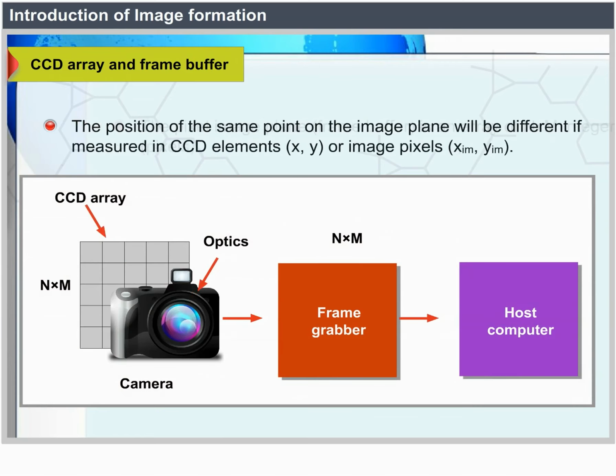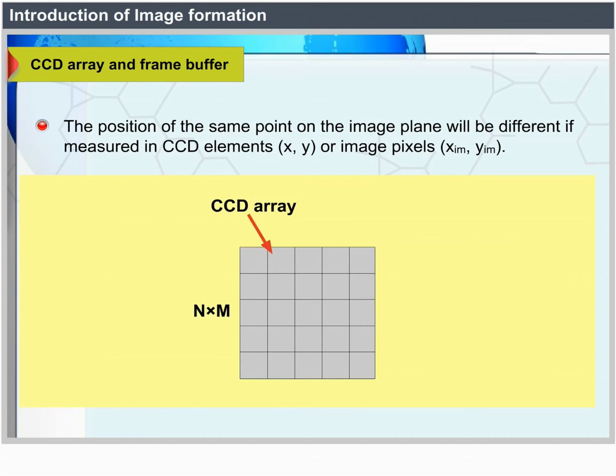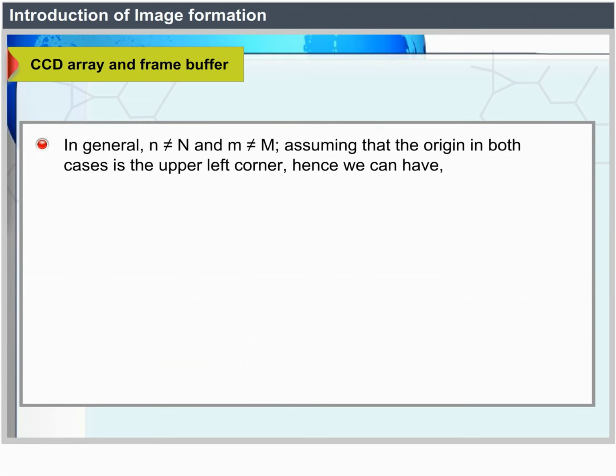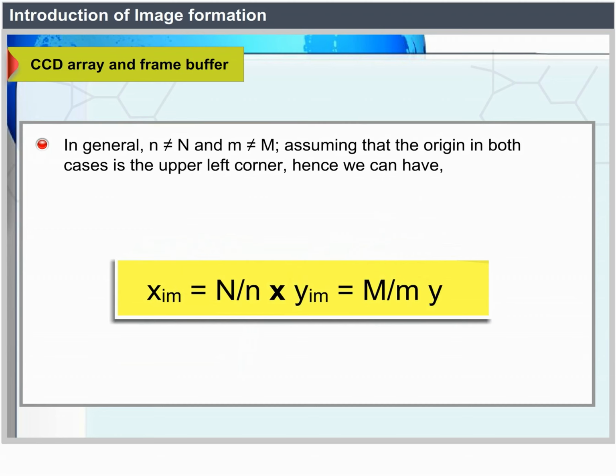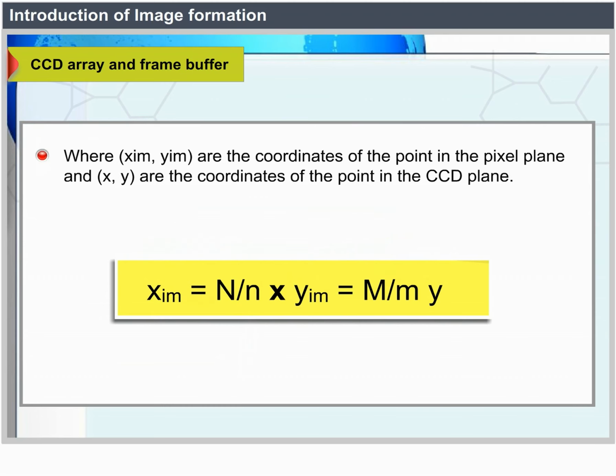The position of the same point on the image plane will be different if measured in CCD elements (x, y) or image pixels (xim, yim). In general, small n is not equal to capital N, and small m is not equal to capital M. Assuming that the origin in both cases is the upper left corner, we have xim = (N/n) x and yim = (M/m) y, where xim, yim are the coordinates of the point in the pixel plane and x, y are the coordinates of the point in the CCD plane.